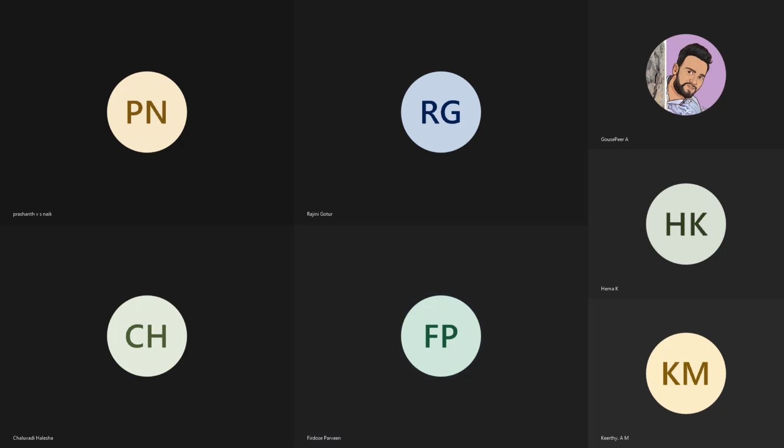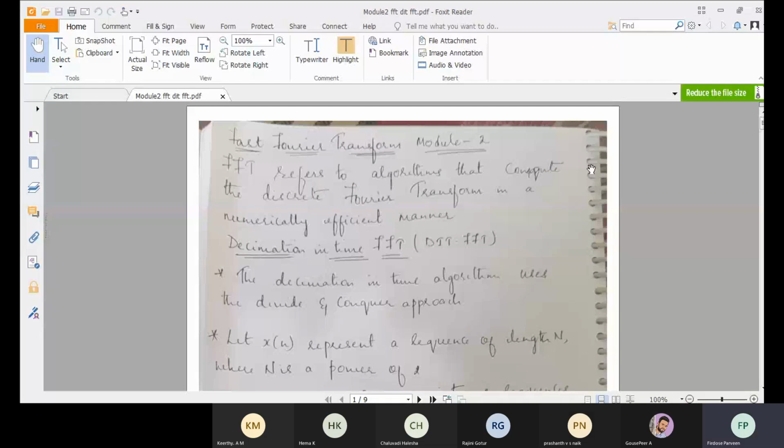FFT has two main topics, that is decimation in time and decimation in frequency: DIT FFT and DIF FFT. Fast Fourier transform refers to the algorithms that compute the discrete Fourier transform in a very efficient manner.